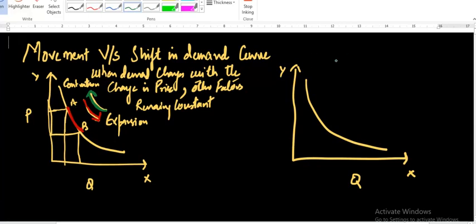So this is known as a movement. One of the important features in the movement of the demand curve is that no new demand curve is formed.